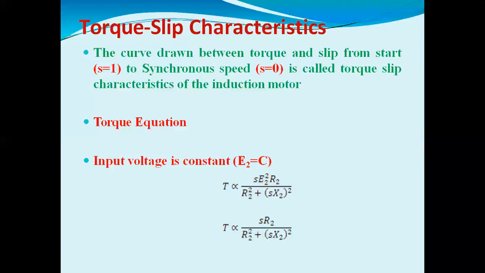This is all the rotor torque. So when the input voltage is constant, this portion, that is the voltage, is constant, so torque is proportional to S R2 divided by R2 square plus (S X2) square.